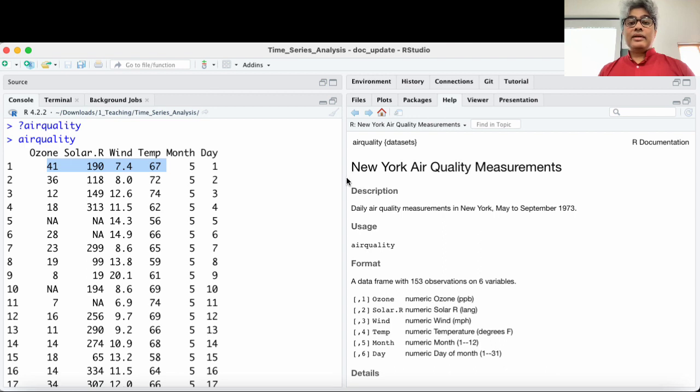So you can see that there are a lot of layered complexities in time series data, and these are not straightforward statistical machine learning kind of problems. We have to handle these issues very carefully.